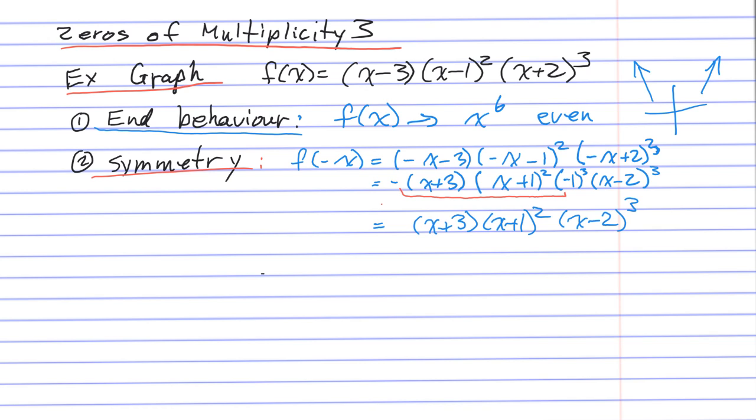And we're done. So here is our function, f of negative x. f of negative x is not equal to f of x, so therefore there's no symmetry with respect to the origin or the y-axis.